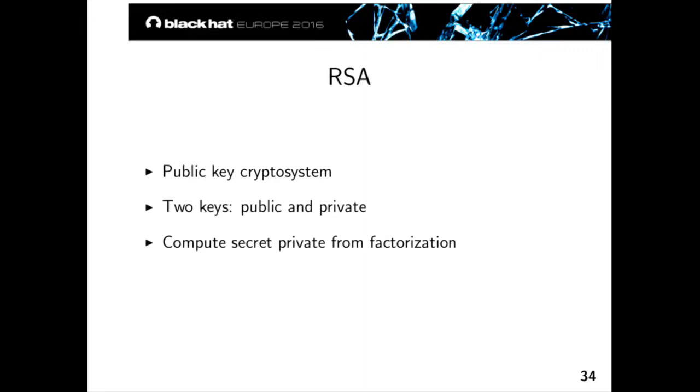We can very easily compute the corresponding private key. We give the public key to the world, and they can't figure out the private key because they can't factorize it, because we generated it to be very hard to factorize, but we know the private key. So that's the essence of RSA. The security rests in not being able to factorize public keys.